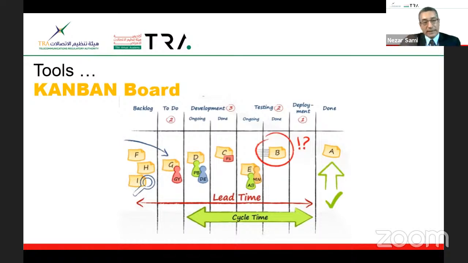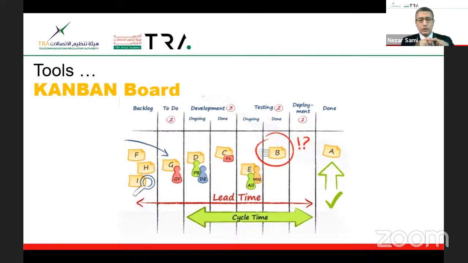So you write at every stage the task and the name of the person who's going to implement it. Be sure that this person is qualified and has the right skills needed for this task.